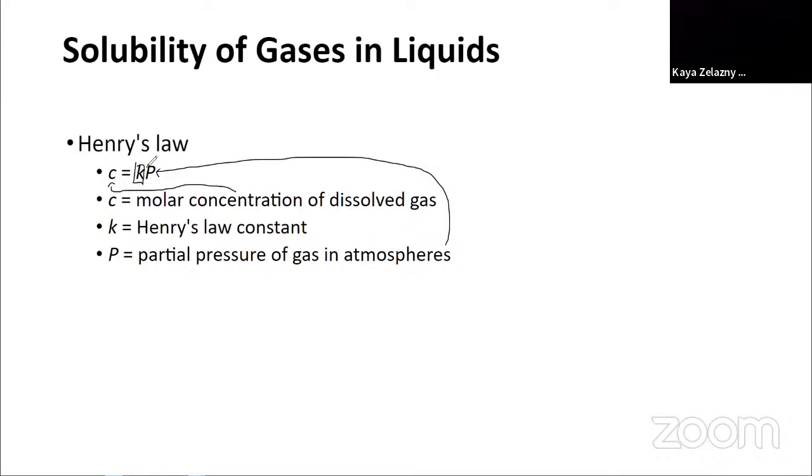The other thing to know here is that there are going to be different constants for different gases. So there's a different constant for oxygen and a different constant for CO2 that expresses something about the solubility of those gases in our substance.